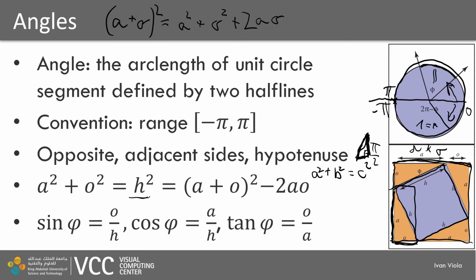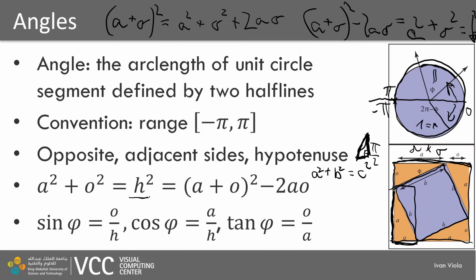And a plus o squared minus 2ao is equal to a squared plus o squared, which proves that this is equal to h squared. Hopefully you were able to follow me.